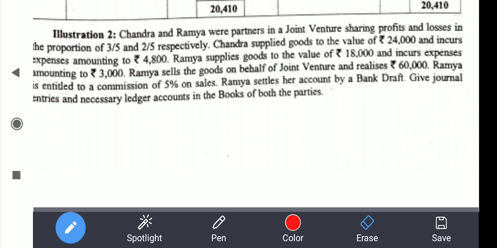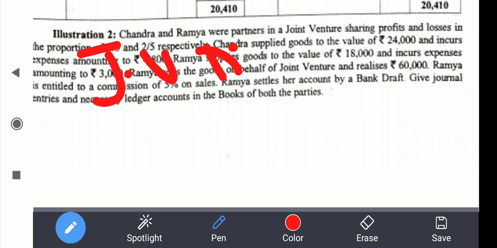Okay. The next thing is expenses. Expenses incurred amounting to rupees how much? 4,800. If expenses are incurred in the books of Chandra, the expense is also paid by Chandra.